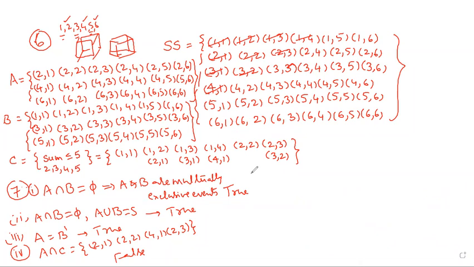Everyone see the fifth bit: A and B dash are mutually exclusive is wrong. A intersection B dash equals A, so it has a common part, not mutually exclusive. This is false. Right. Fifth bit also completed.